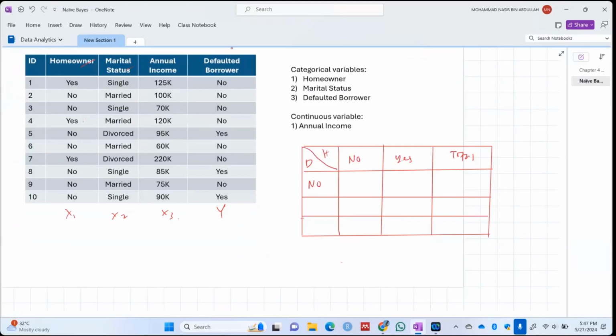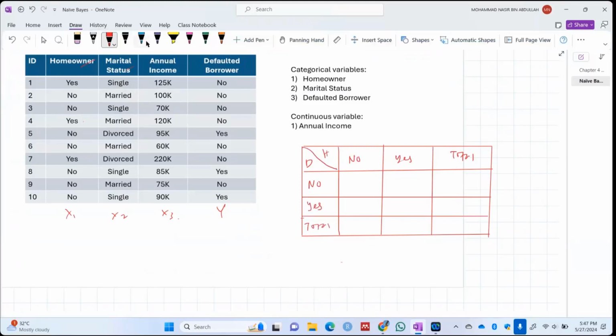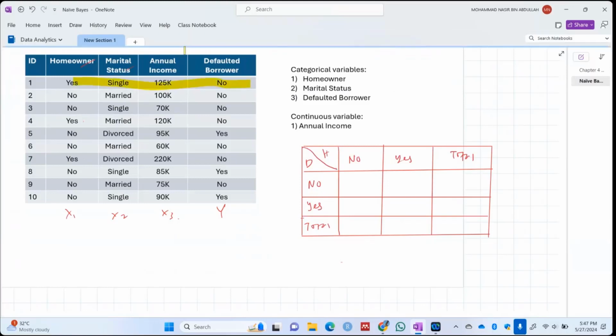This is no, yes, total. So let's focus on the first part, which is homeowner is no. So this is the first one, second, third. That's why if you have a highlighter, it's good. Bring it in test and final exam.